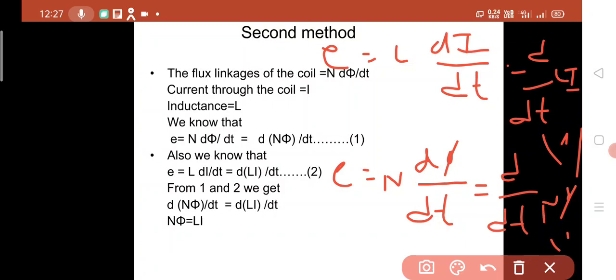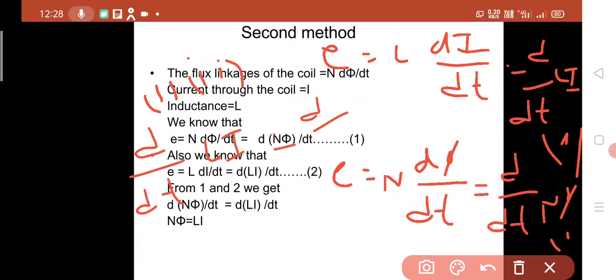Equating equation 1 and equation 2, d by dt of Li is equal to d by dt of N phi.